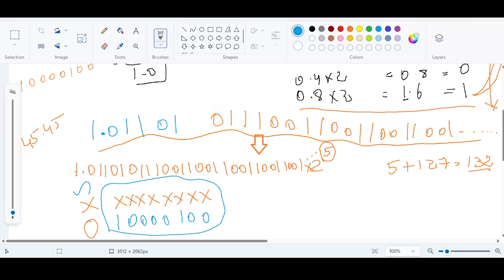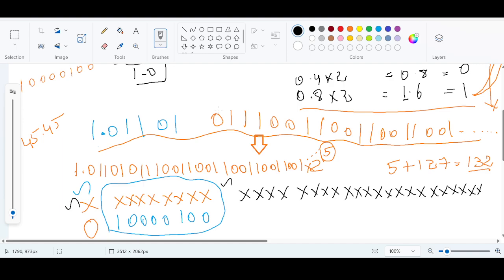The remaining, how many bits are left over? 23 bits are left over, right? Because out of 32, 1 has been assigned to the sign bit and 8 to the exponent. So the remaining 23 bits. For all the 23 bits, you start writing the number after the decimal point, and you keep filling in the numbers as much as you get.